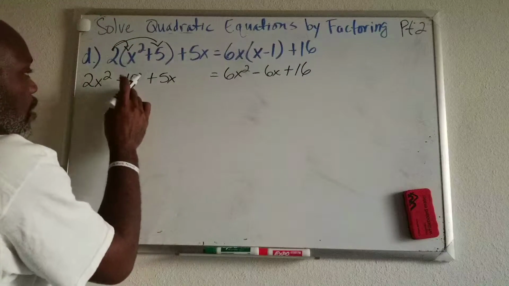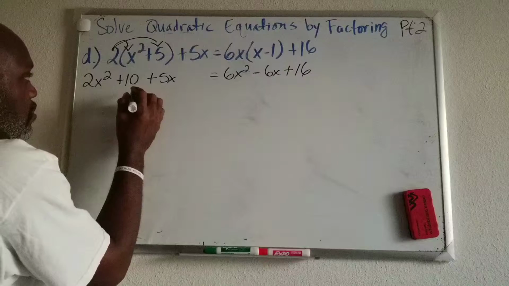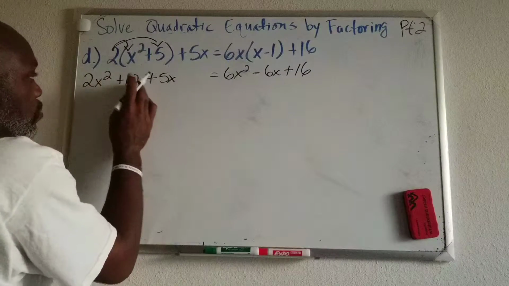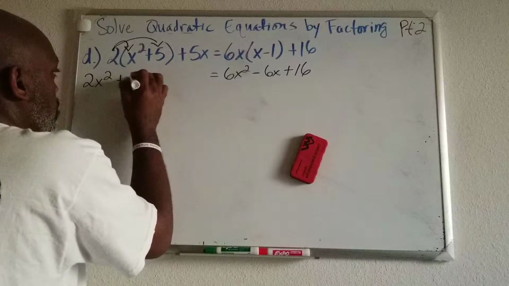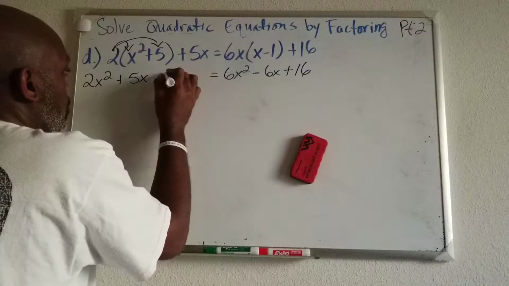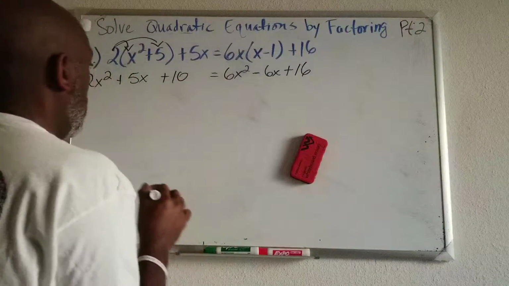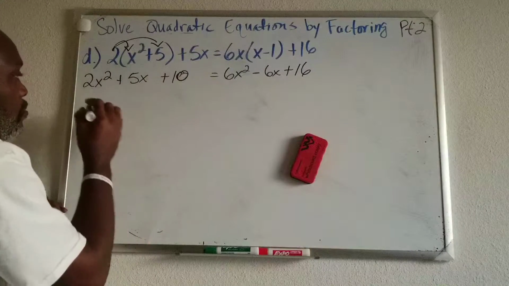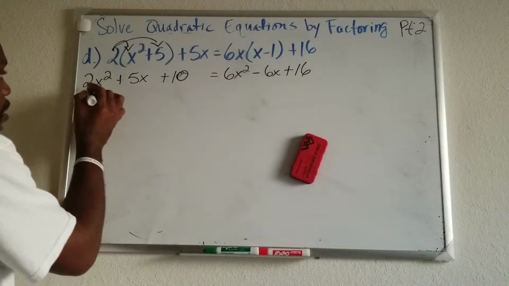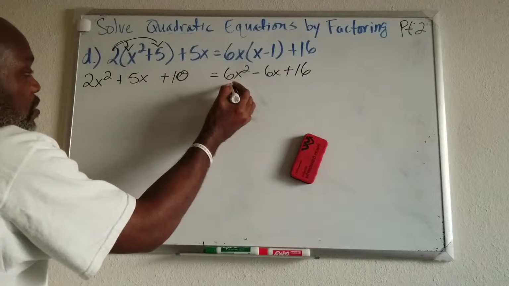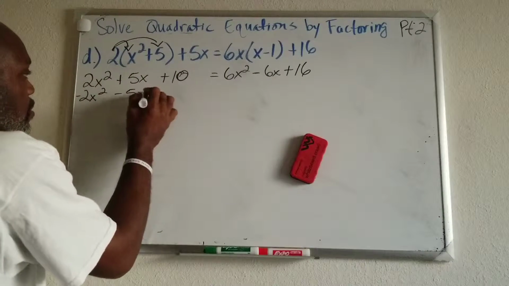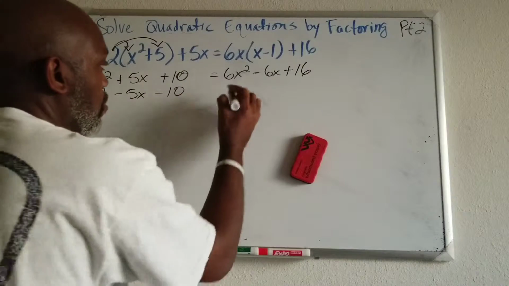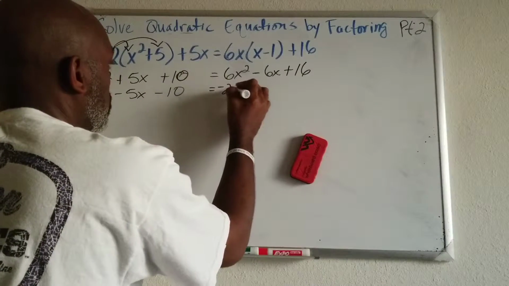Here we have to rewrite this in descending order, so I'm going to switch those. So we have to have 5x plus 10. All right, and so I am going to move from left to right because this 2 is less than this 6. So I'm going to subtract this information from here.